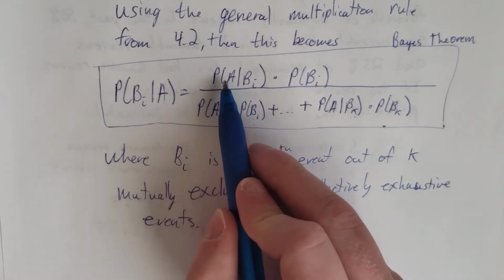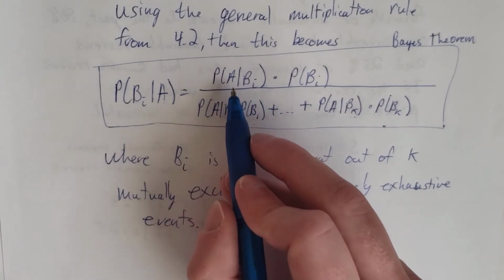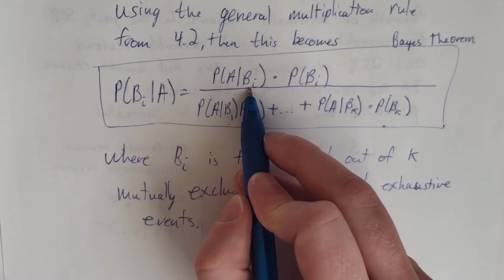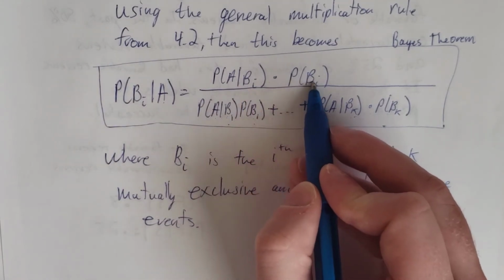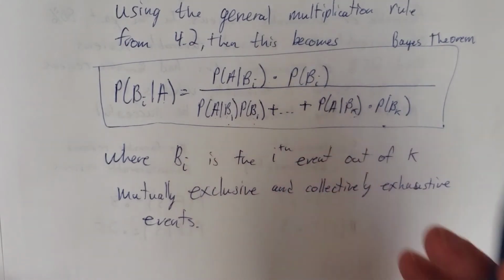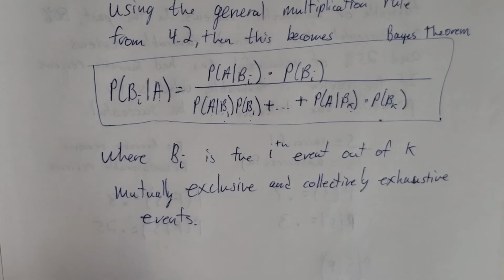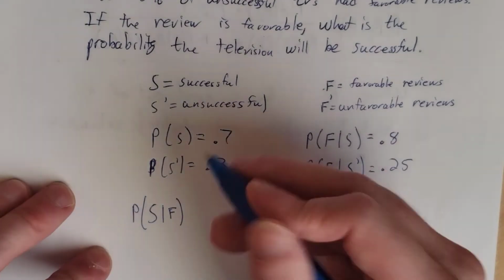So this is the probability that the TV ends up being successful given it got favorable reviews. Well, this is equal to the probability of A given B sub i. So the probability of a favorable review given that it is successful times the probability of B sub i, so the probability that it was successful. And then we continue with this, filling out the denominator as well. So keep that in mind when we're filling out the rest of this formula. And what does that become?